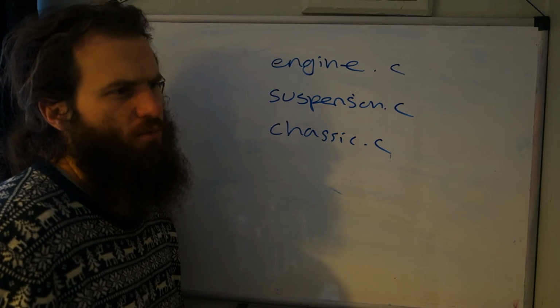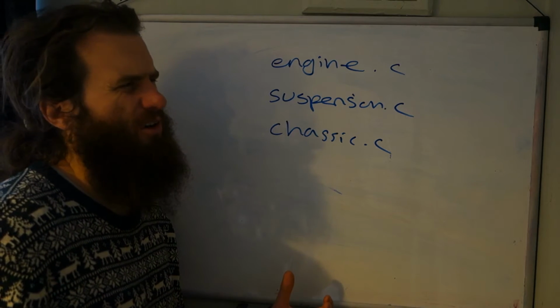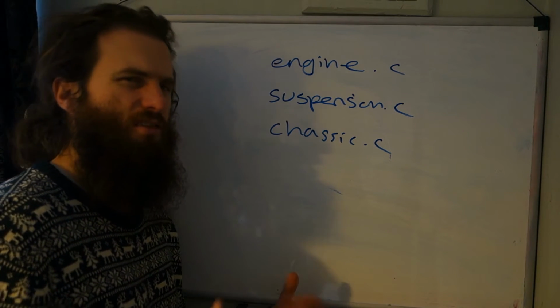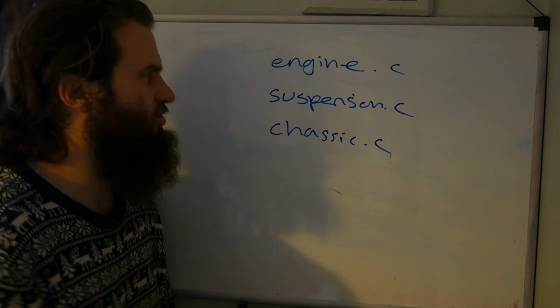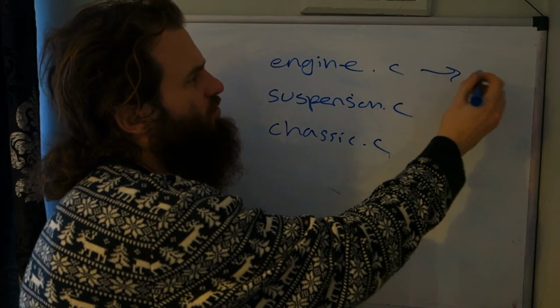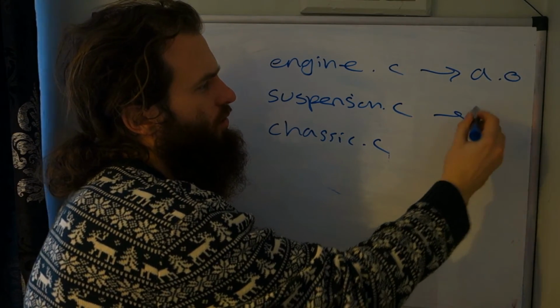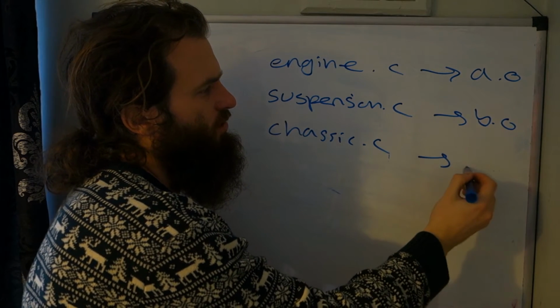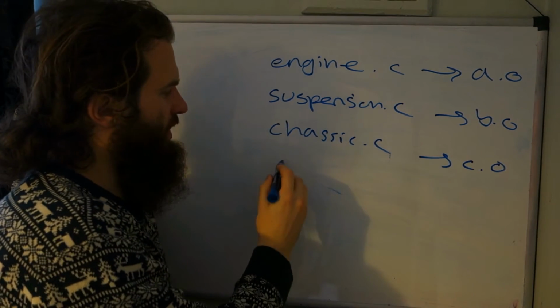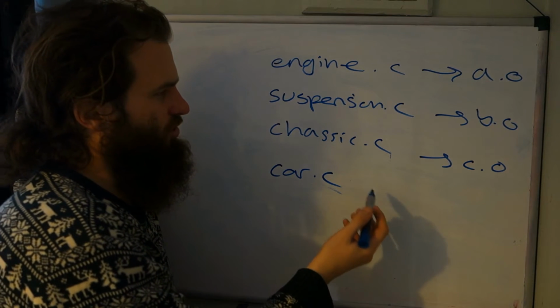Once you start writing programs, the program will start getting too big and you'll feel like, I need to break this up, I need to make this easier to manage, easier to reason about, and you'll naturally know how to do it. So imagine that we compiled these as A.O, B.O, and C.O, and then we had some car.c which contained our main function.